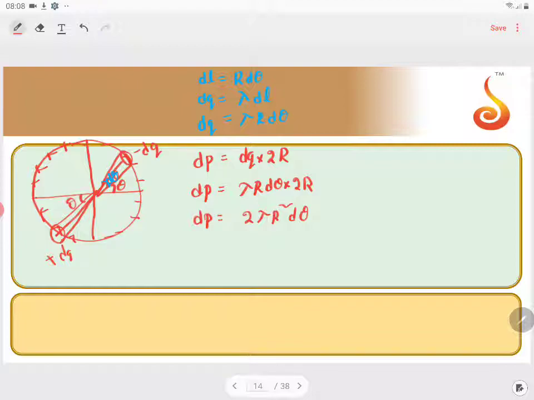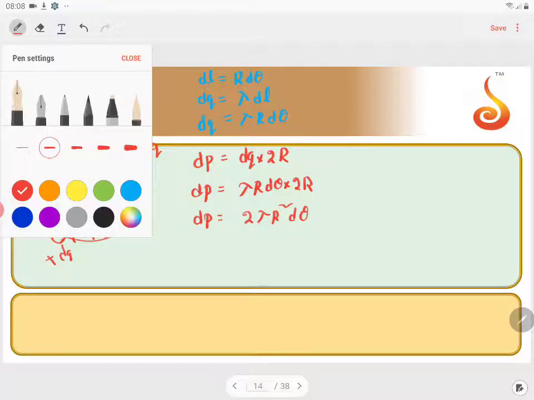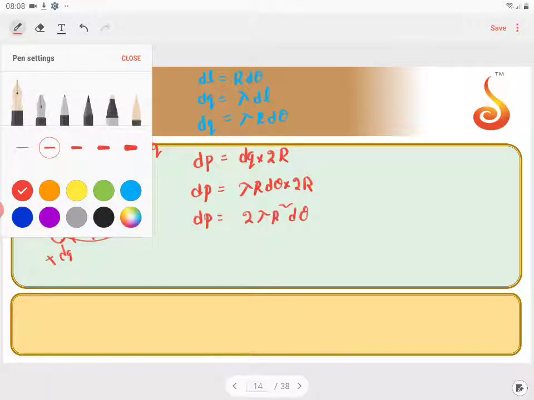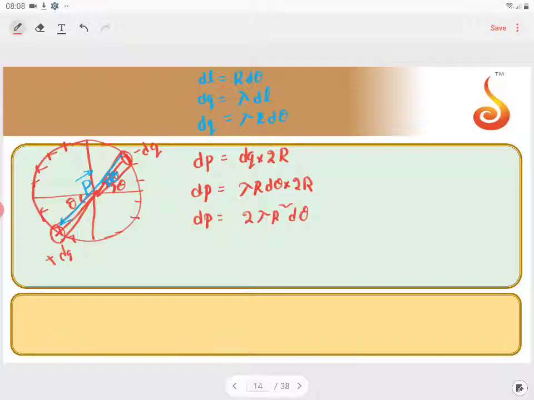This also will be theta. The dipole moment direction will be from negative charge to positive charge, like this. You can resolve this into two components, p cos theta and p sin theta. Already I told you p sin theta will be cancelled. So the effective dipole moment produced by each element will be dp cos theta. Only the horizontal component will be there, leftward.